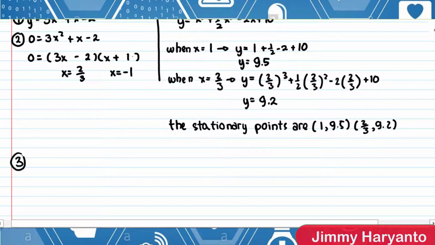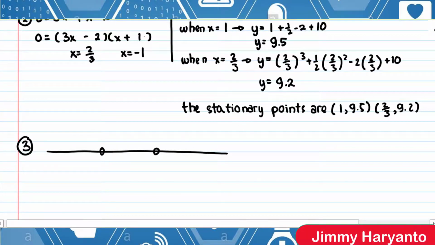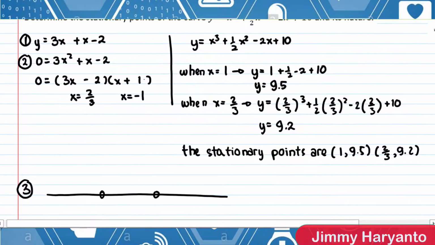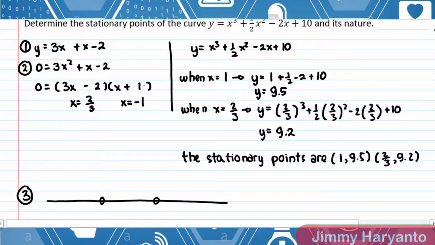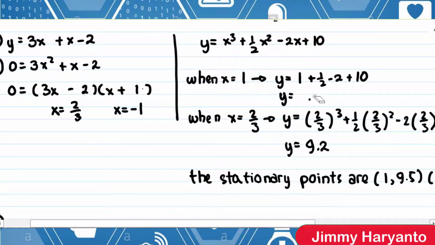So how to do it? First, you have to draw the number line, and then you have to put the -1 and 2/3 on the number line. Oh wait, I made a mistake before. It should be -1. Let's calculate it one more time.